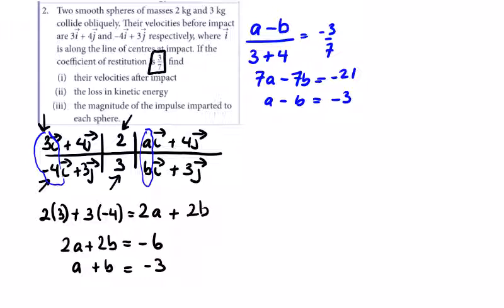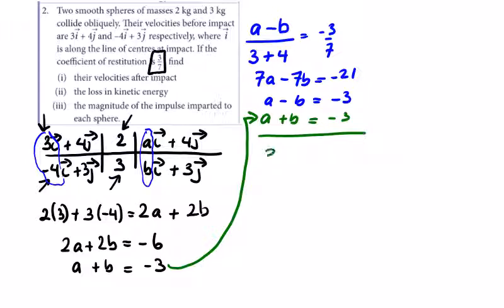And from below we have A plus B is equal to minus 3. So we're going to get 2A equals minus 6, so A is equal to minus 3. And if A is equal to minus 3, then B would have to be equal to 0. So our new velocities are A: minus 3i plus 4j, and B is 0, so we get 0i plus 3j.